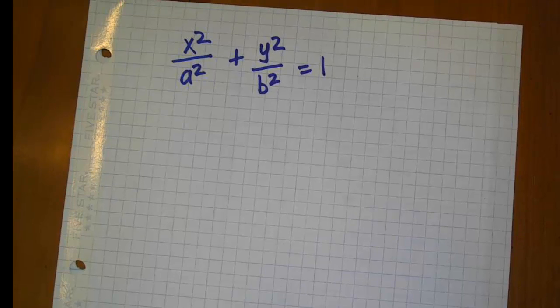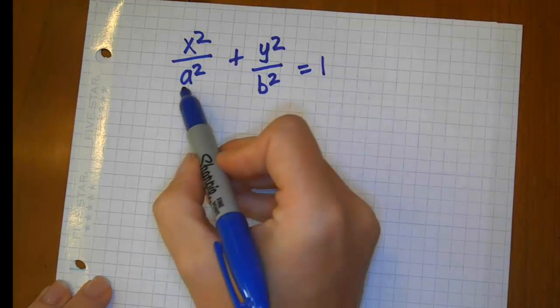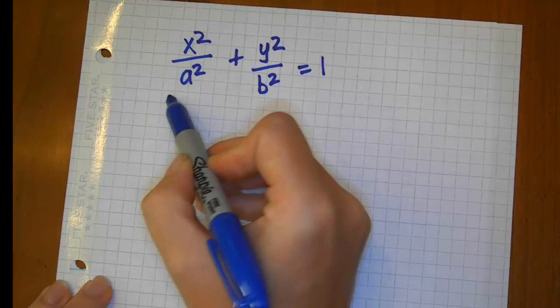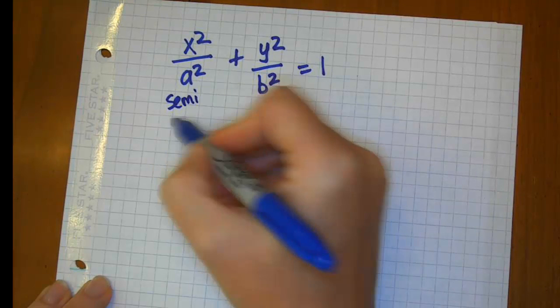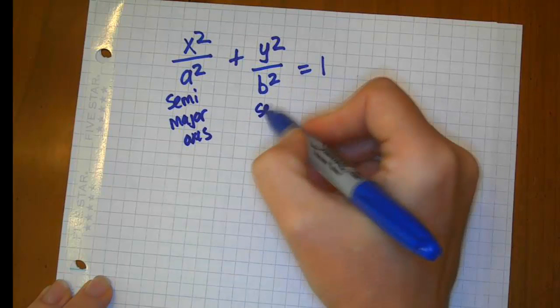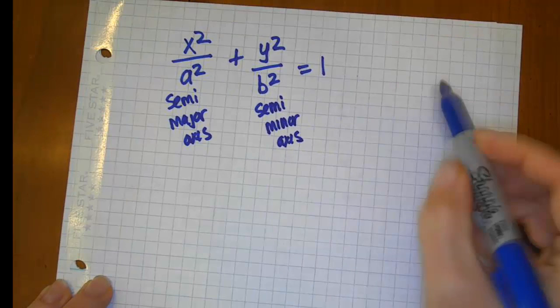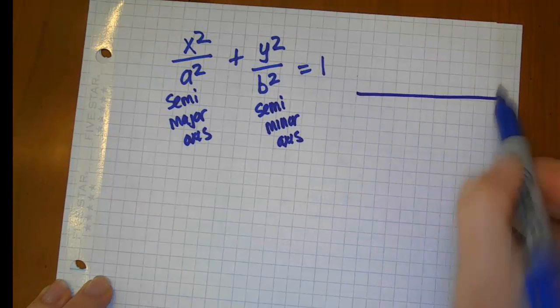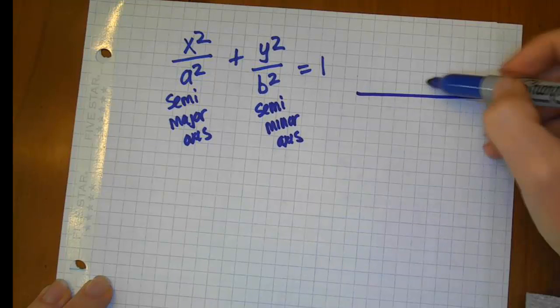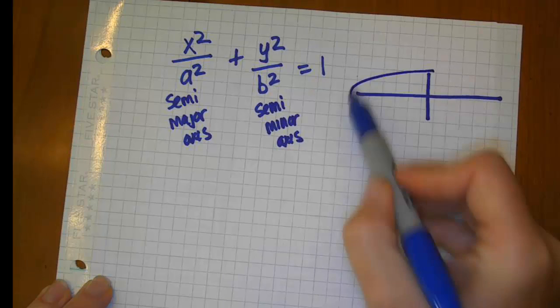Okay, so to clarify, if this is my equation of the ellipse, we know that a represents the semi-major axis. We know that b represents the semi-minor axis. So what this tells me is that I have a longer horizontal axis and a smaller vertical axis for my ellipse.